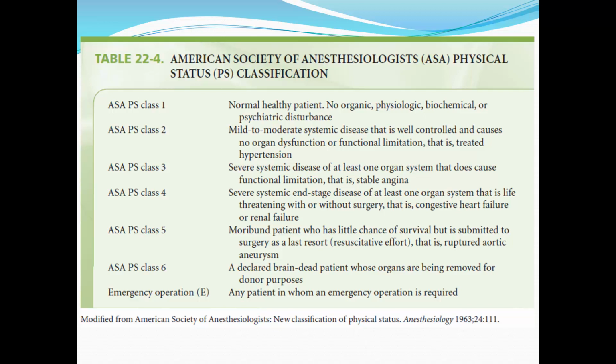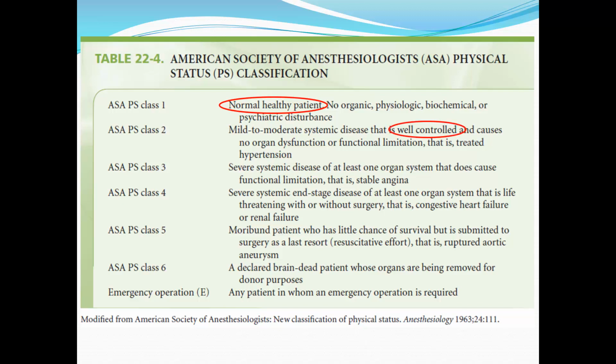Now, I think a good place to start is by going to ASA physical status classification. And quite often I see that particularly ASA 3 is overused. So let's go over all of them. ASA 1 is really the totally healthy patient who doesn't smoke, who's not obese, who doesn't take any medication. And we don't really see this very often anymore.